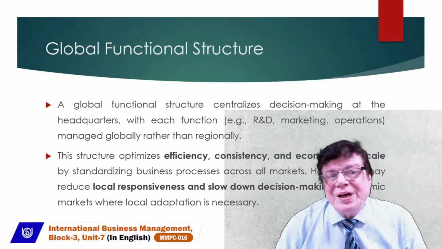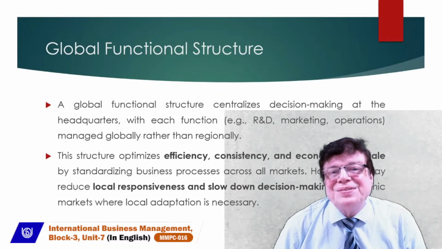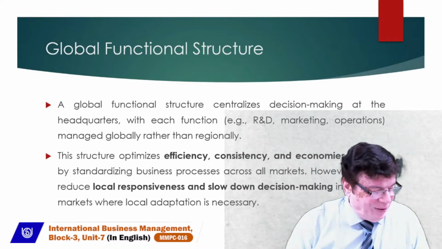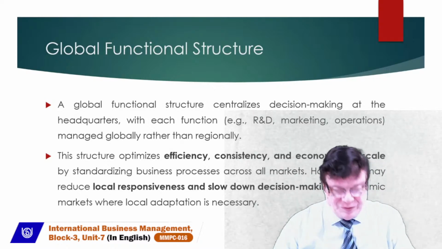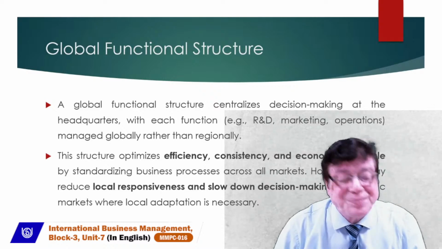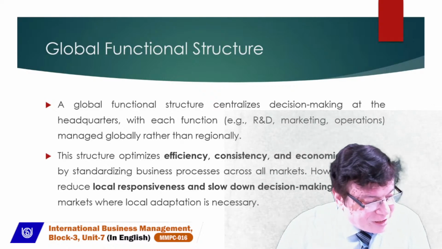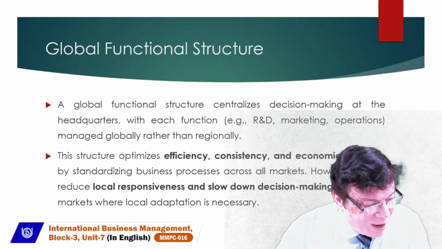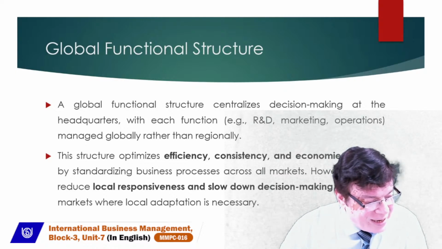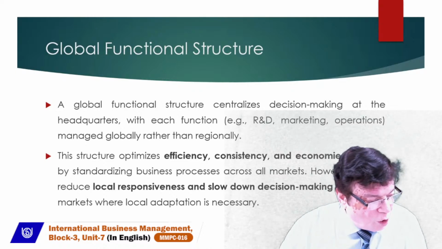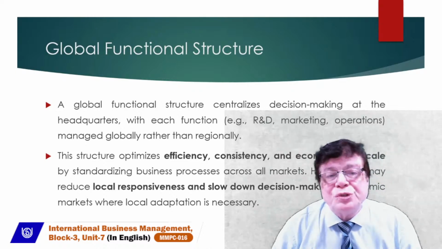Next is our transnational structure. Now, what is a transnational structure? A transnational structure emphasizes global integration while maintaining local flexibility. It operates as a network rather than a rigid hierarchy, fostering collaboration across borders.